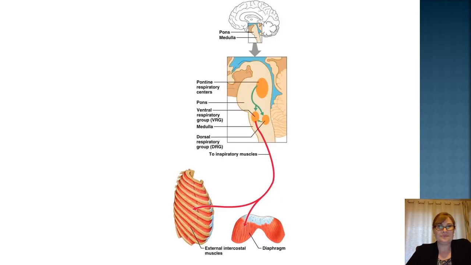Here, up top, you have the pontine respiratory center, the dorsal respiratory group, and then our key player, the ventral respiratory group. Then we have the signal going out to the phrenic nerve to the diaphragm, and the intercostal nerve to the external intercostals.